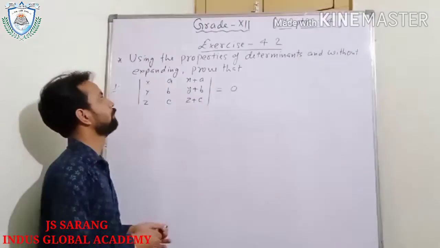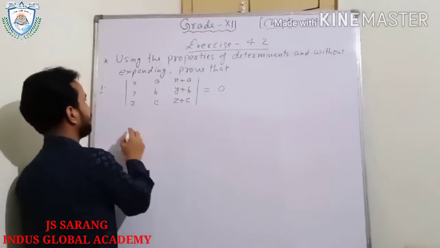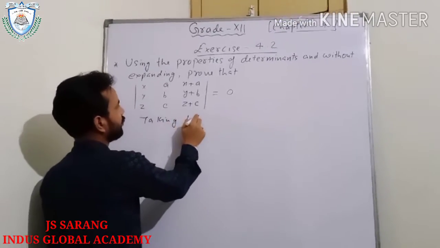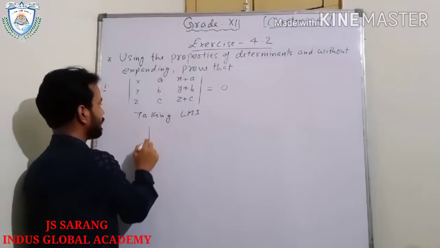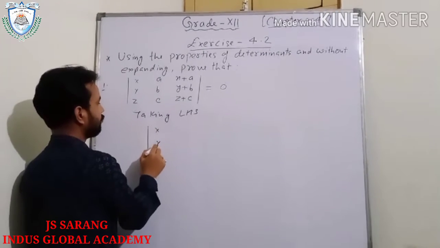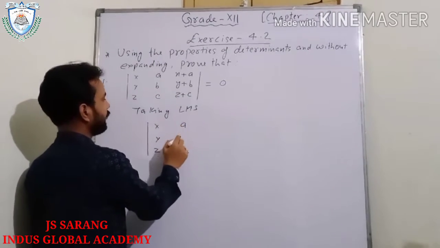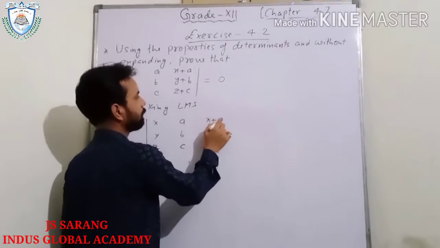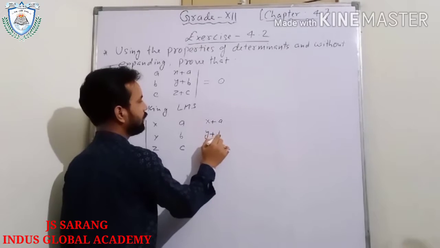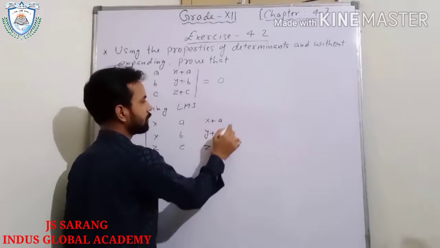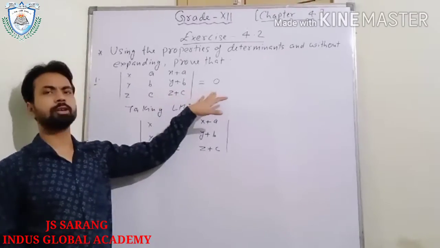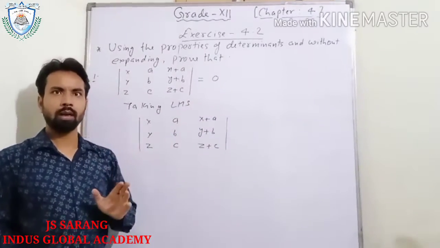So what we will do? We have to take the left hand side. Taking LHS. What is LHS? X, Y, Z, A, B, C, or X plus A, Y plus B and Z plus C. Now see, we have to prove the value of this determinant equals 0.